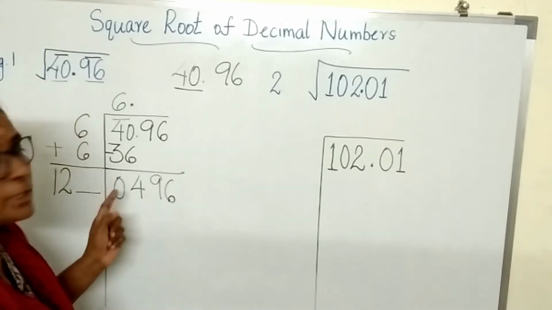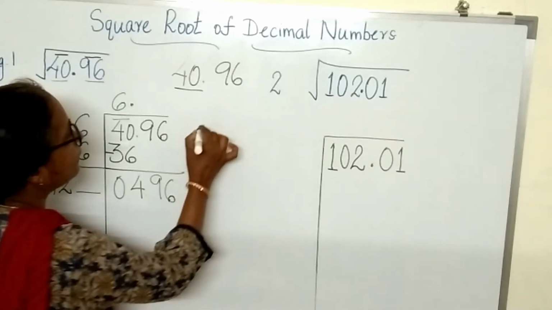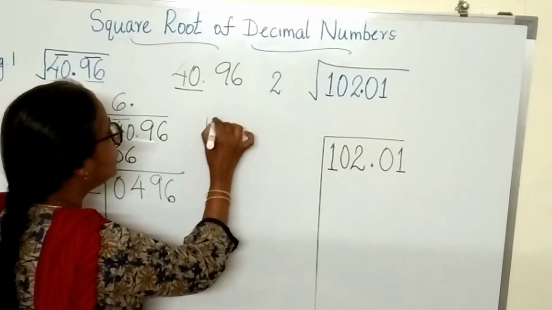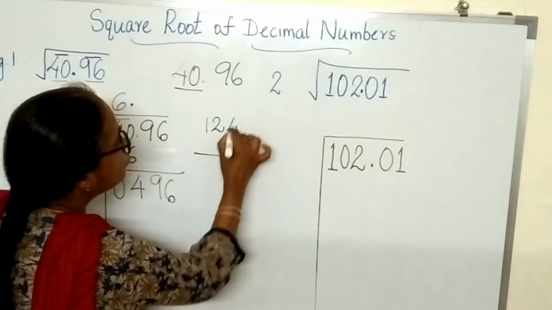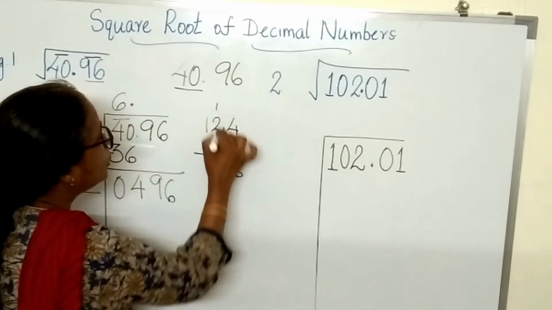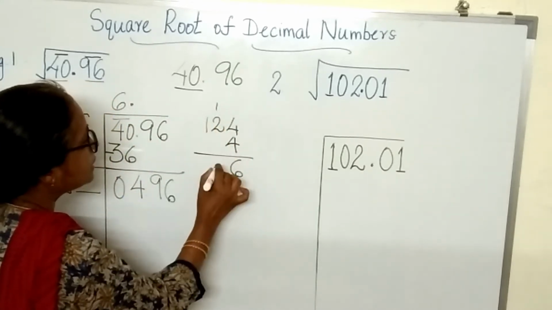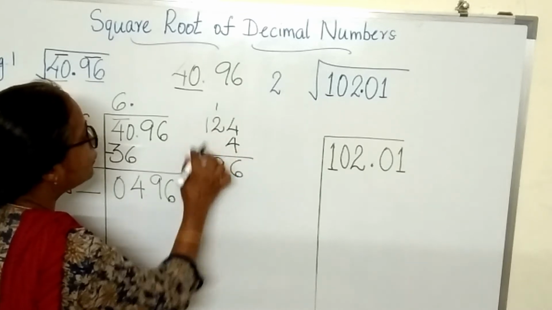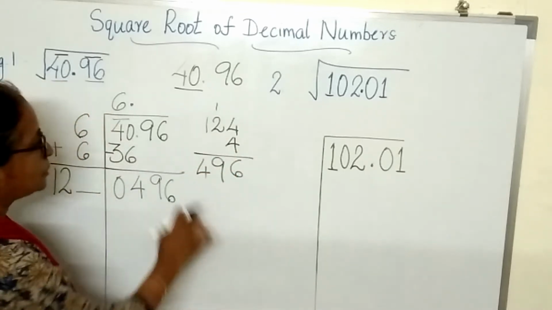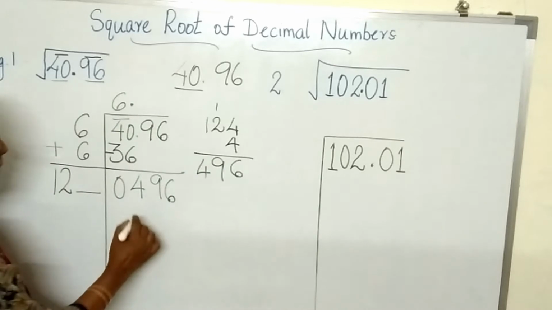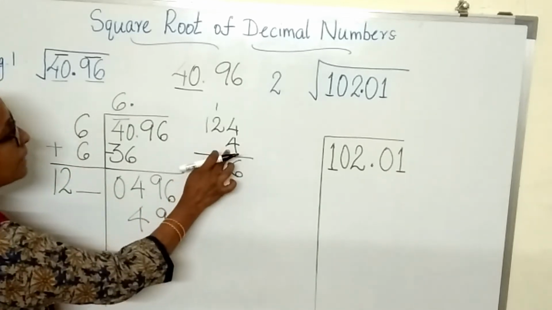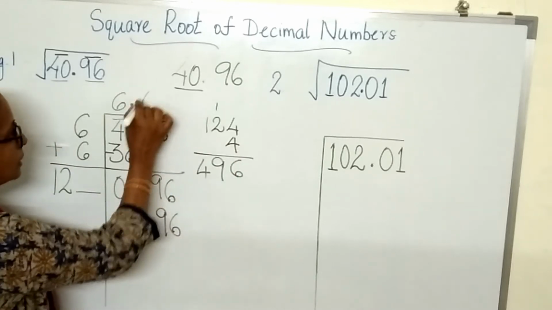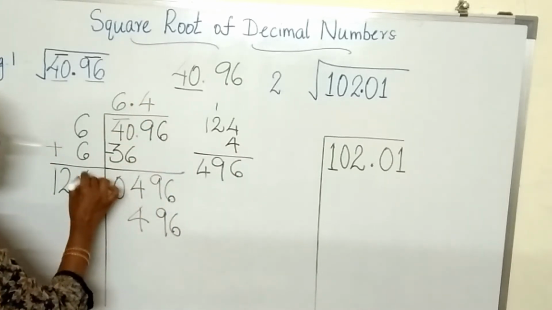So let us try with both the numbers. First we will try with 124 multiplied by 4. 4 4s are 16. 2 4s are 8 plus 1 is 9, and 4 1s are 4. So we got the same number, 496. Which number will come here? 4. And here also 4.